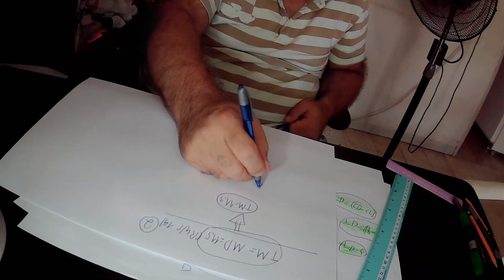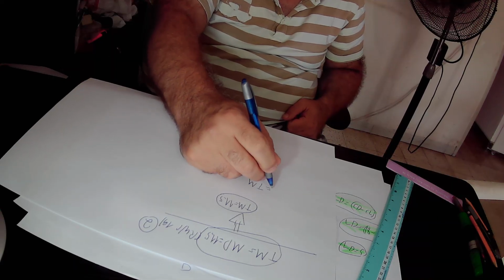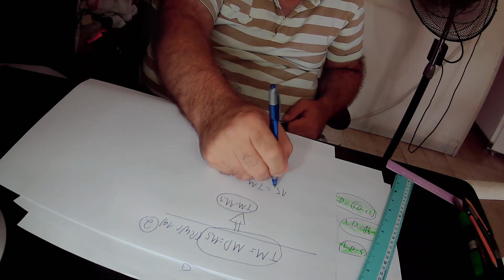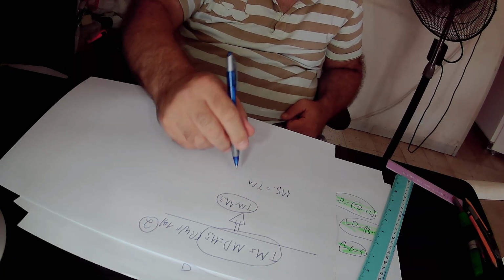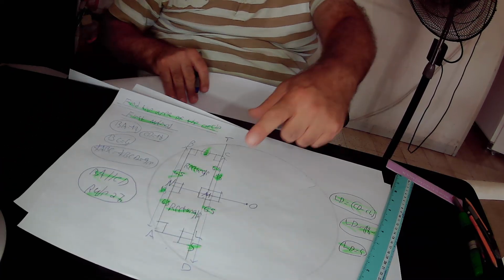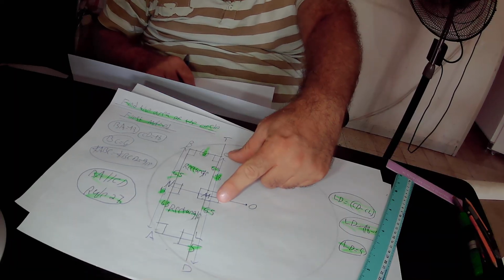From one side, TM equals 11.5. But from the other side, TM is also equal to TC plus CM.